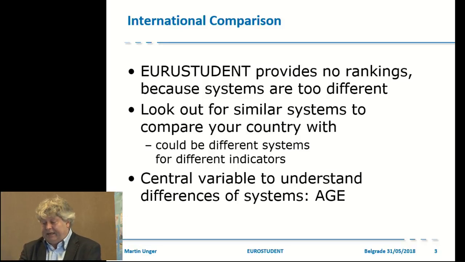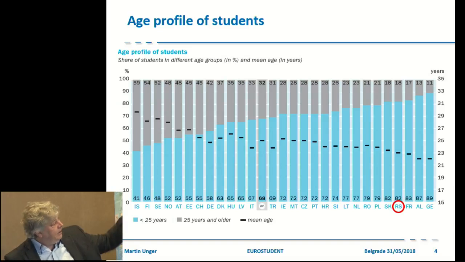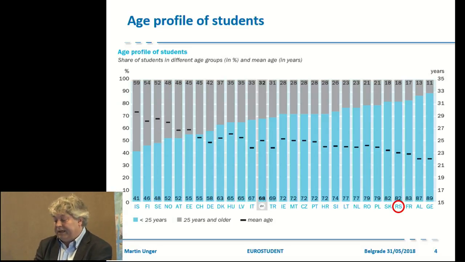And as I already said in the first presentation, one of the most important variables to understand the differences is age. And here is the age slide from EUROSTUDENT. We have a cutoff at 25 years. Blue is the share of students below 25, gray is the share of students above 25, and the black dots in the middle are the average age.